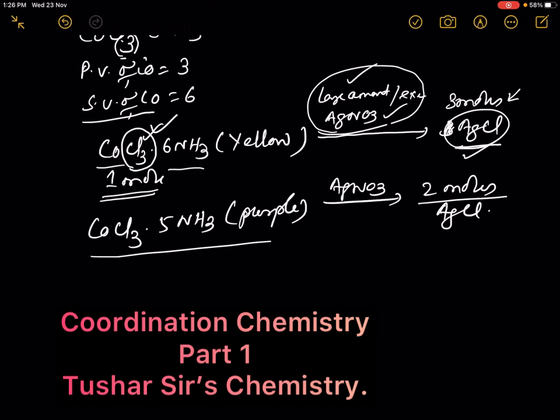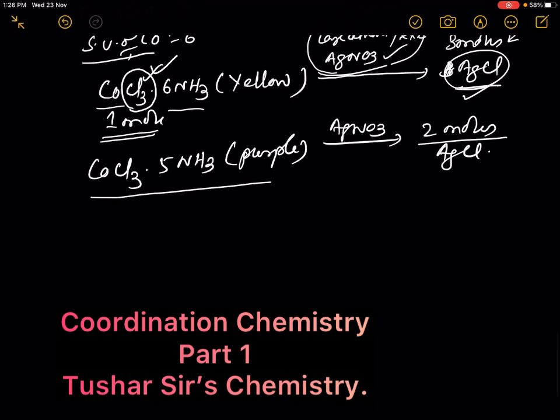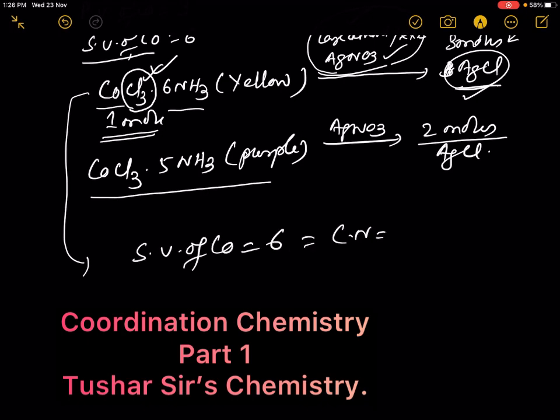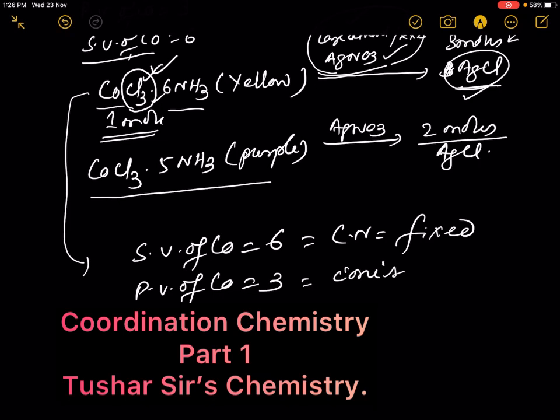Let us explain. Secondary valency of cobalt is 6. That is the coordination number. It is fixed. Primary valency of cobalt is equal to 3. That is ionizable.